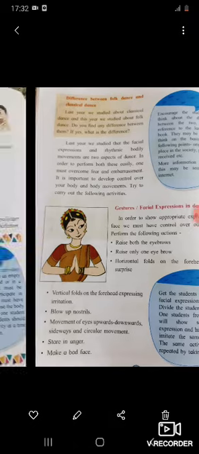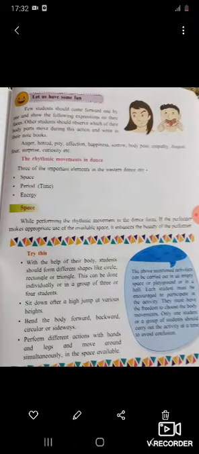The next part is the rhythmic movements in dance. Three of the important elements in Western dance are space, period, that is time, and energy. While performing the rhythmic movement in the dance form, if the performer makes appropriate use of the available space, it enhances the beauty of the performer.